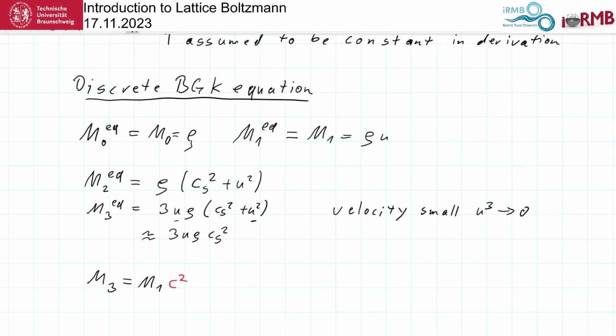In principle, to be dimensionally correct, we would have to multiply by c squared, but we have been assuming that this is 1. So this is kind of our problem, and this is called aliasing.